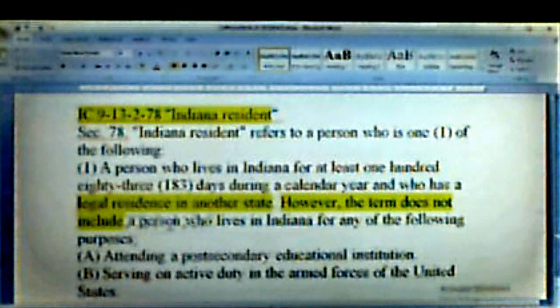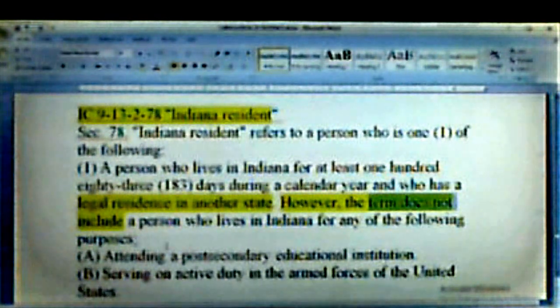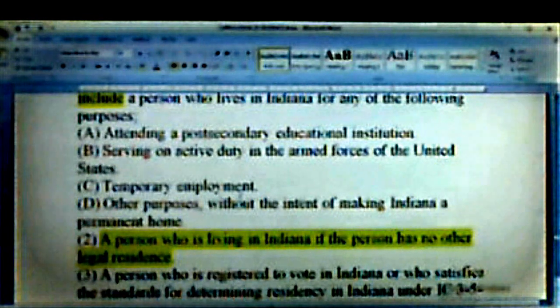Okay? It says, however, the term does not include a person who lives in Indiana for any of the following purposes: attending post-secondary educational institution, serving on active duty in the armed forces of the United States, temporary employment, other purposes without the intent of making Indiana a permanent home.